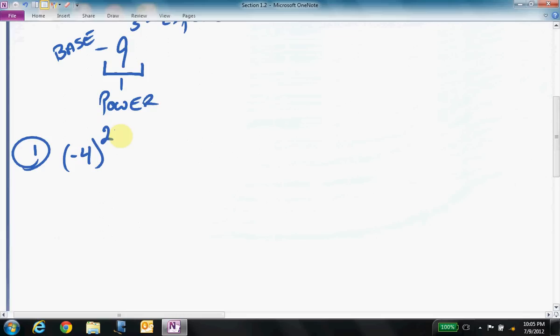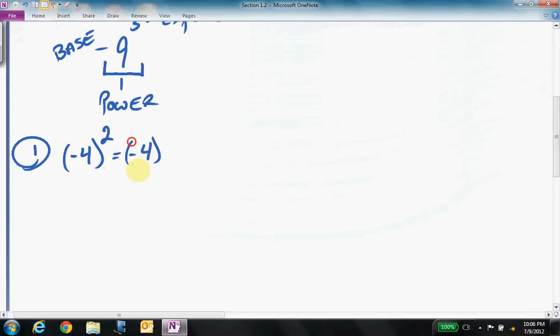And there's an issue. Whenever you're putting a power into your calculator and the base is negative, you have to put the base in parentheses. So in your calculator, it should look exactly as it's written right here. Because what that's telling your calculator is negative 4 is going to be written twice.